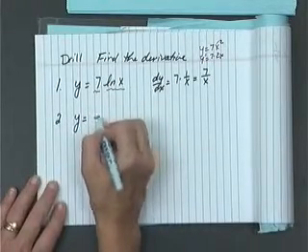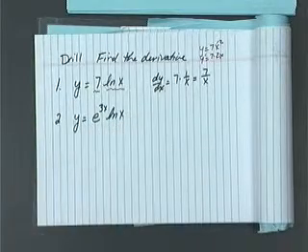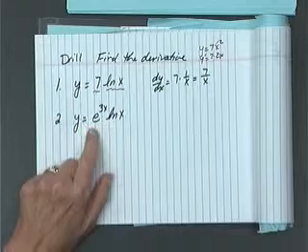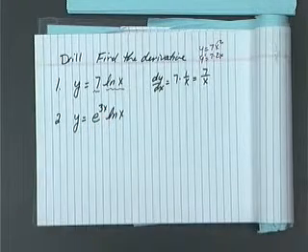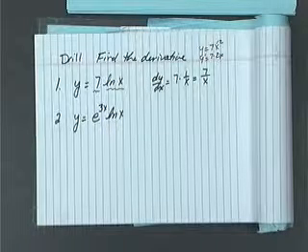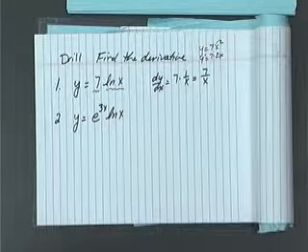Y is equal to e to the 3x times natural log of x. Wait, read that to me. e to the 3x times natural log x. What rule are you using? Go for it.